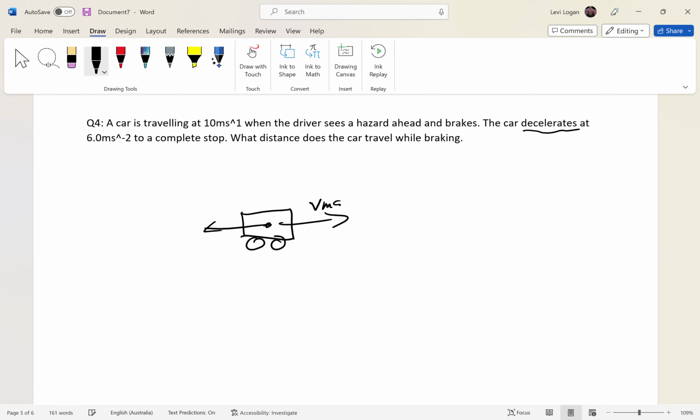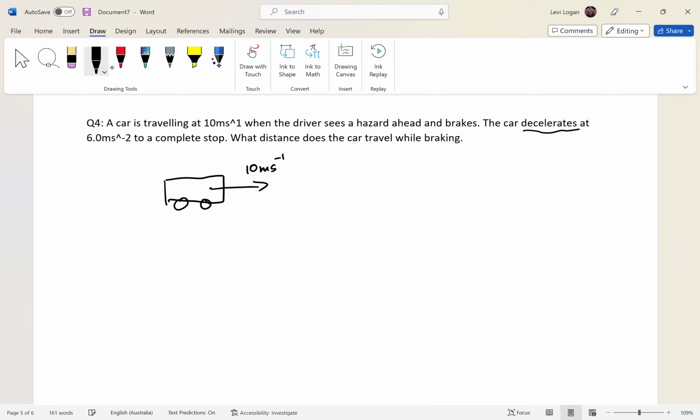So this is meters per second, and this is meters per second squared. So the acceleration is going in the opposite direction. So when you see the term decelerate in a motion question, in this one, the car is traveling this way at 10 meters per second initially. So this is its initial velocity.